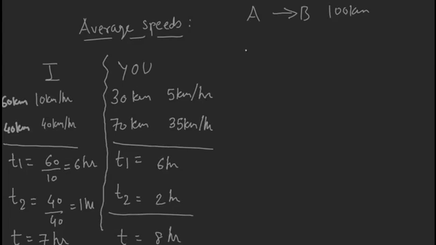Now what would be your average speed? My average speed would be 100 upon 7, and yours would be 100 upon 8. Now it does not mean that at all points I was ahead of you, because I am taking less time does not mean that I was always ahead.